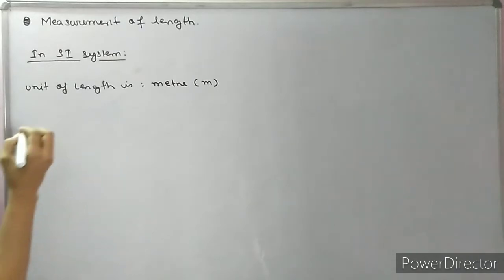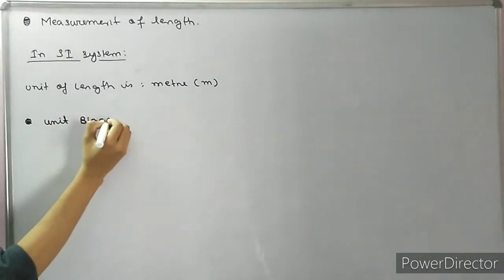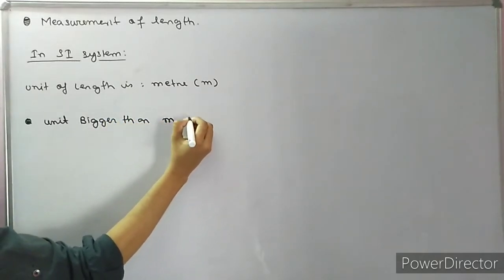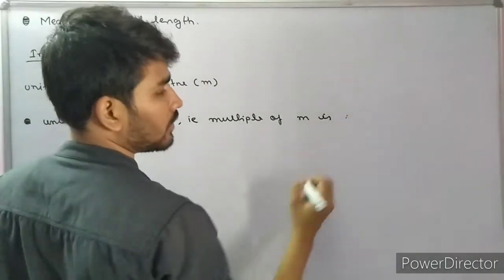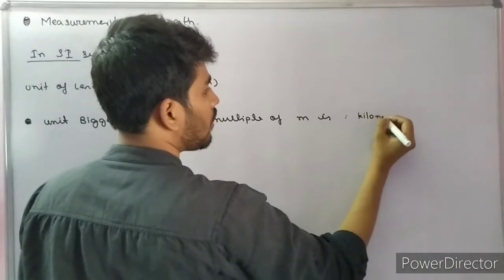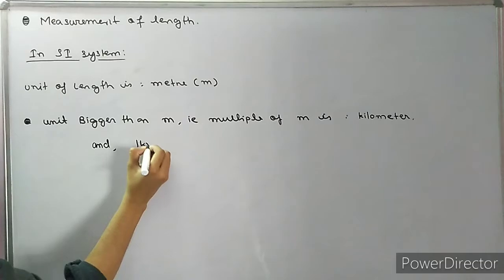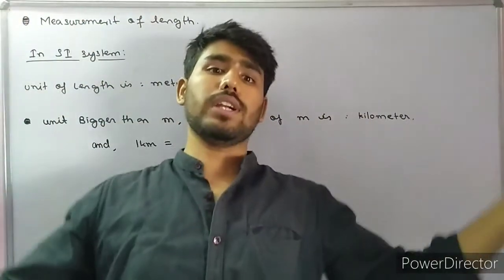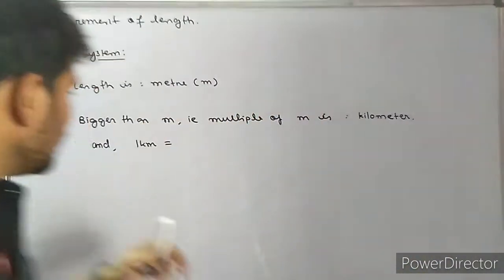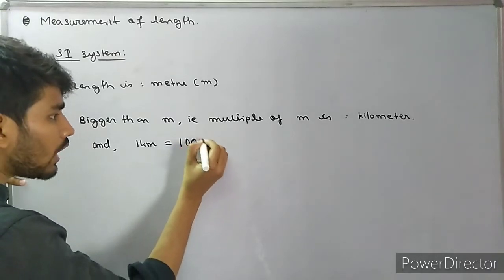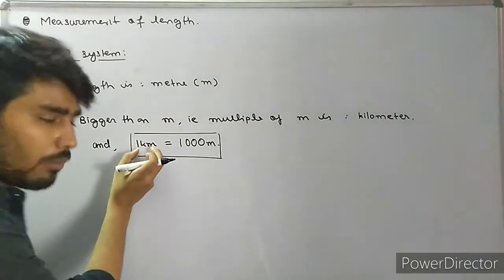Now please note, among the units bigger than meter, that is multiples of meter, one unit is called kilometer. 1 kilometer is a bigger unit, a multiple of meter, and 1 kilometer is equal to 1000 meter.